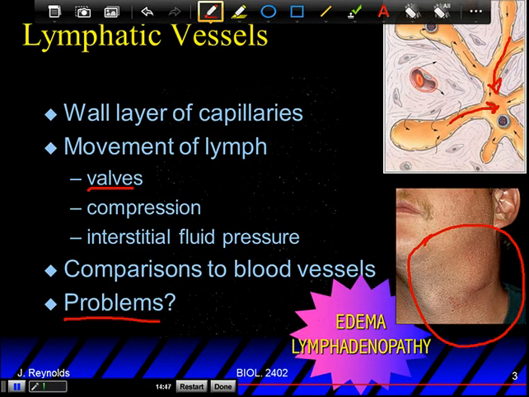So if the fluid is not getting removed for whatever reason, then you get expansion of the tissue here, causing expansion of the tissue when you look at it. Why would it not be draining properly, or why would you have edema like this? Well, maybe you've got more leakage of plasma than normal, so this whole thing is compounded.